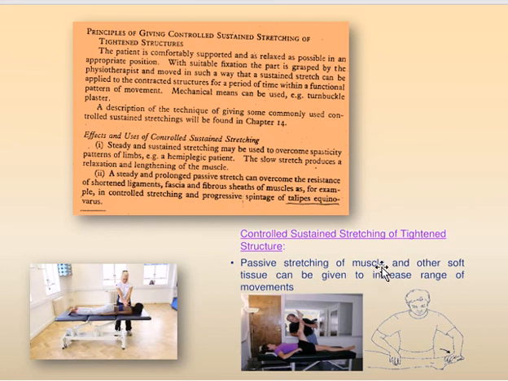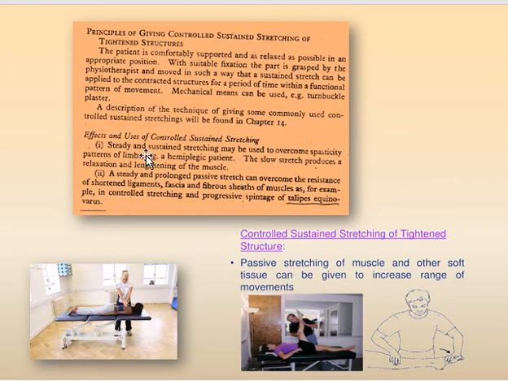Controlled sustained stretching of the tightened structure, basically passive stretching of the muscle and the nerve, can be given to increase range of motion. This is the basic principle of controlled sustained stretching.